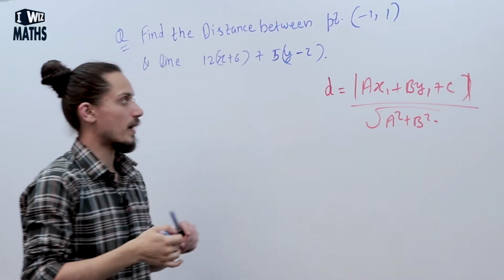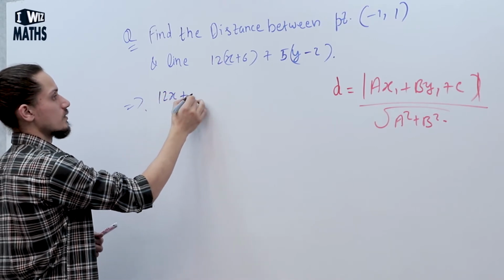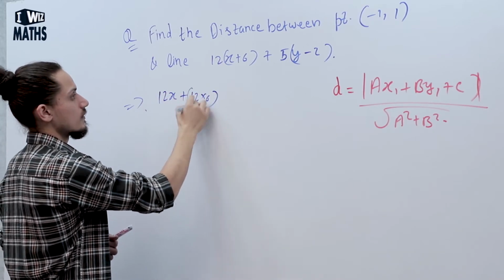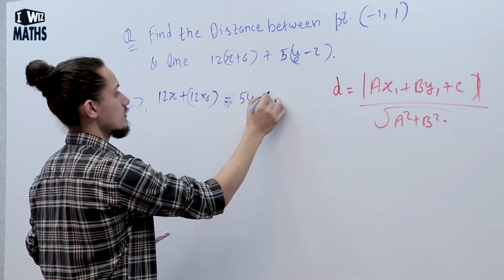अब यहाँ पे पहले इसको सॉल्व करते हैं। वी गेट 12 into x plus 6 is equal to 5y minus 10.